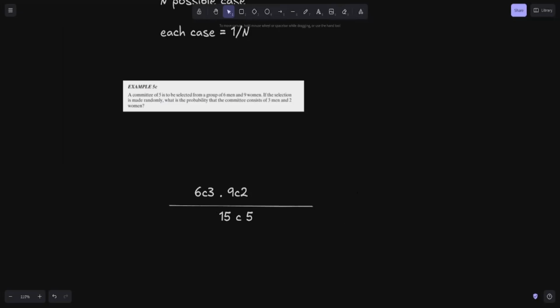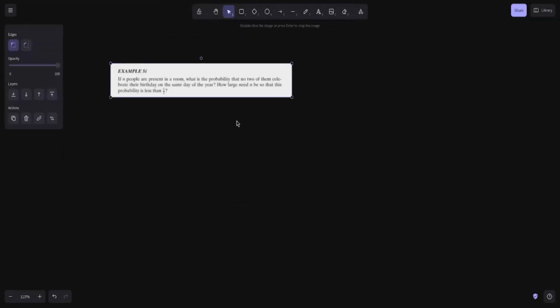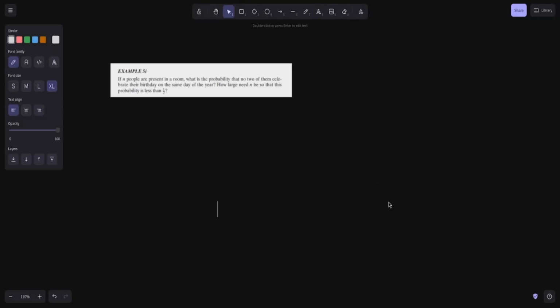Okay. So the final problem of the day. Let's say there are n people in a room. What is the probability that no two of them celebrate their birthday on the same day of the year? The denominator will always be 365 to the power n, because anybody can have any birthday twice, also thrice, also. It's up to them, right?